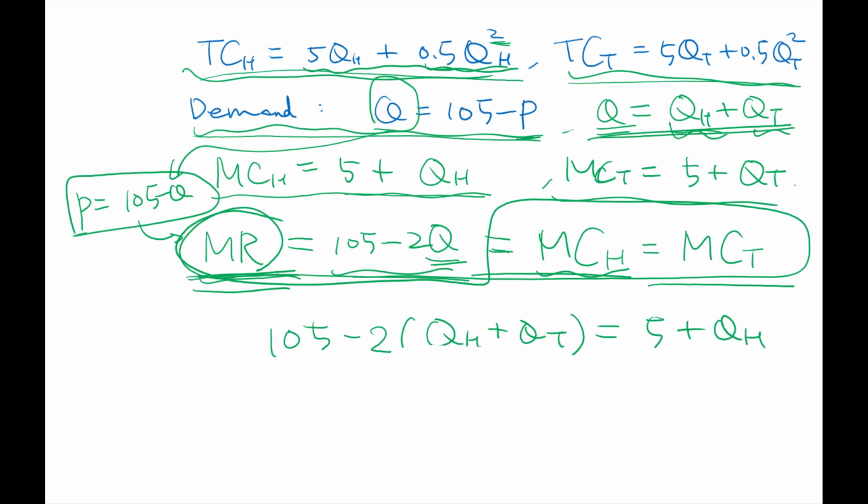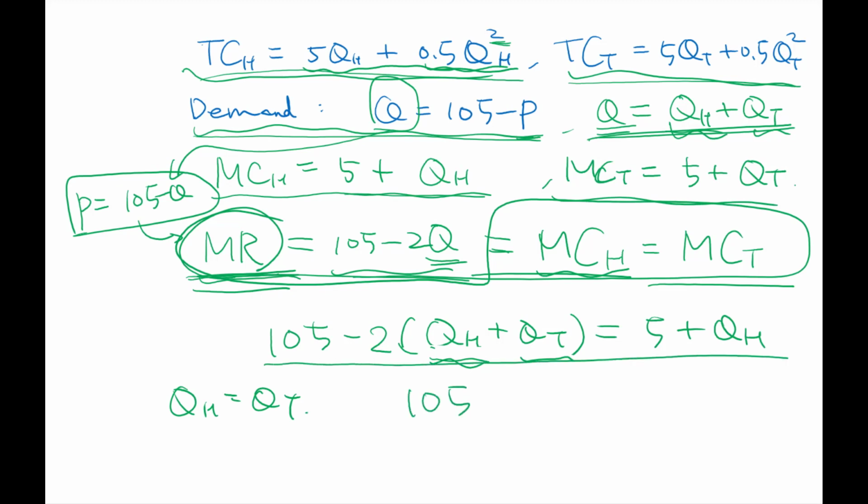But as we mentioned previously, QH and QT will be the same as the two companies have the same production function or same total cost. So here you can say QH equals QT. That means this equation can be written as 105 minus 2QH equals 5 plus QH.